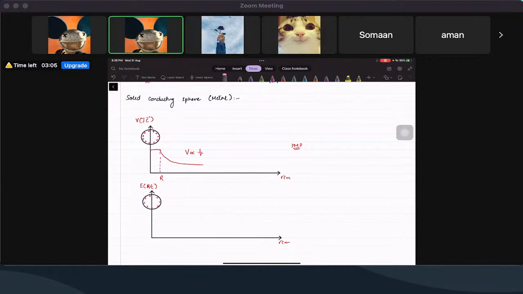So till the radius, E remains 0. Then it goes up, and from here it decreases sharply. Is it clear, everybody?